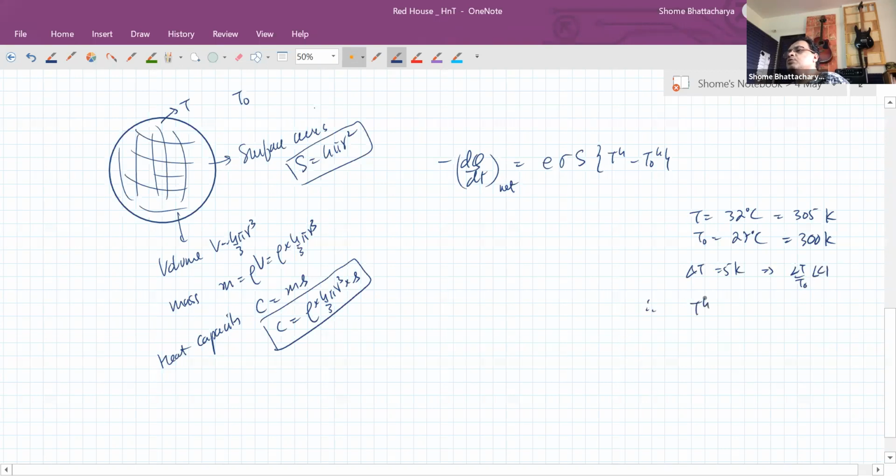So T to the power 4 minus T naught to the power 4 will approximate as 4 T naught cube delta T. So next step, replace this with 4 pi r square into 4 T naught cube into delta T.